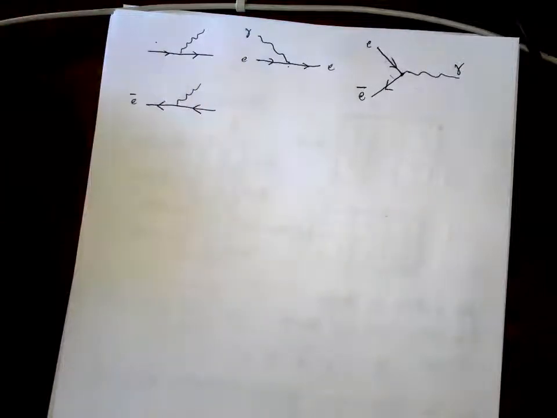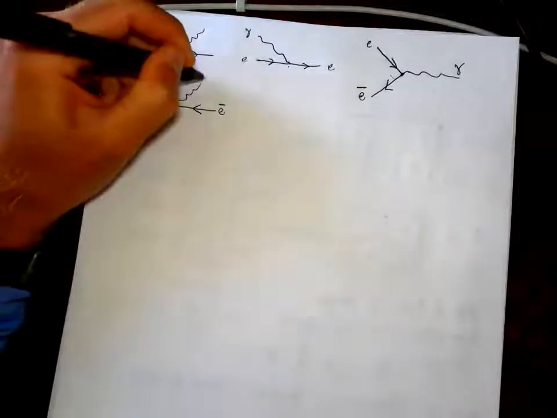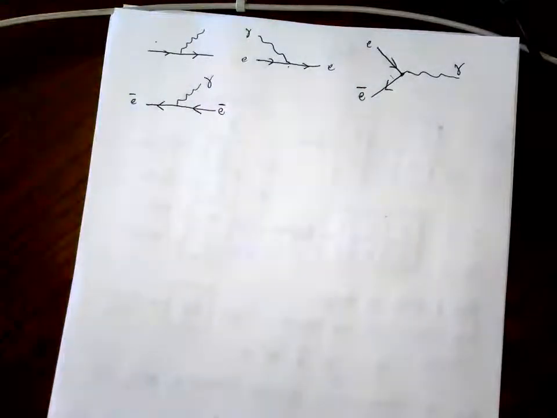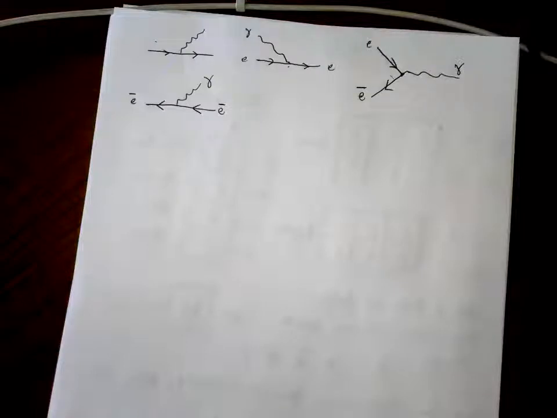That's an anti-electron, for example. So that's an anti-electron spits out a photon. Okay. So these are the vertices. We can play around with bending the three legs of the vertex around to make different things. Then what we can start to do is chain them together.